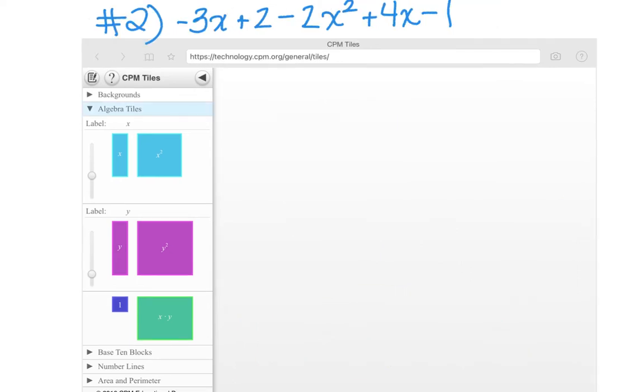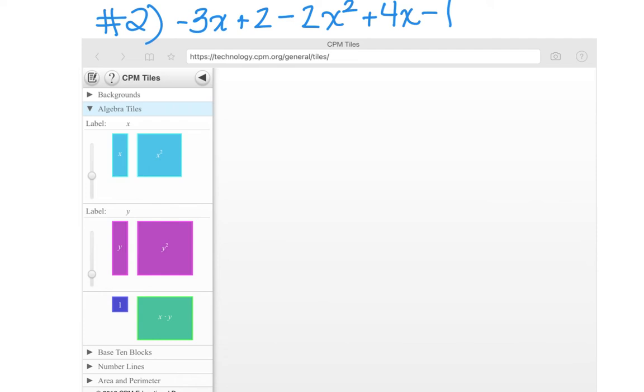All right, our second example reads negative 3x plus 2 minus 2x squared plus 4x minus 1. And again, we're being asked to simplify this expression by combining like terms. First thing I like to do here is every time I see subtraction, I like to turn that into adding the opposite.